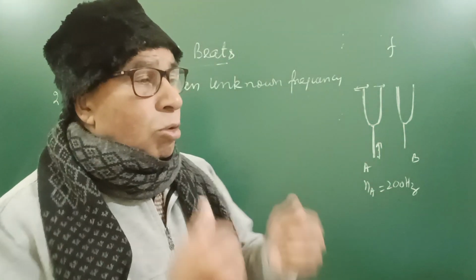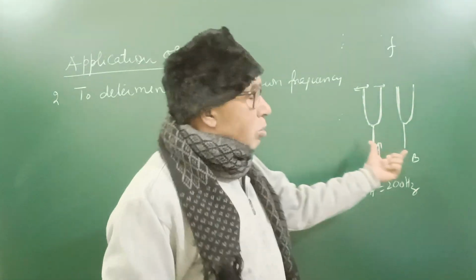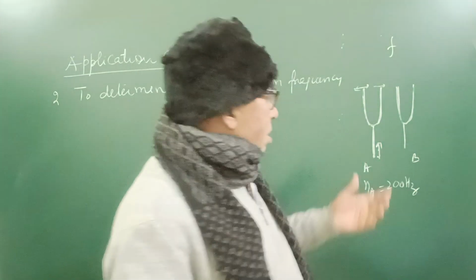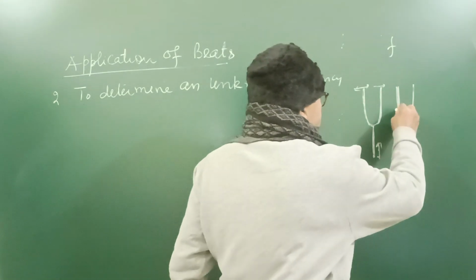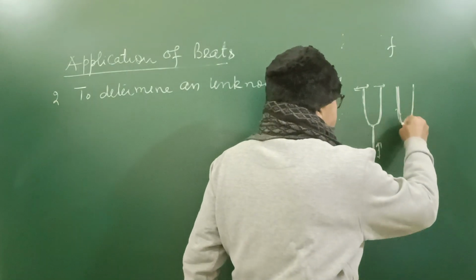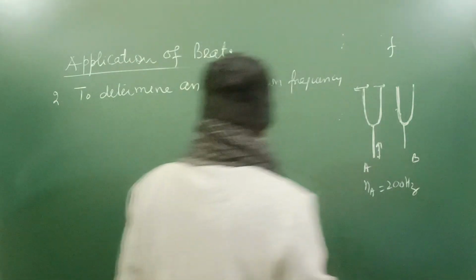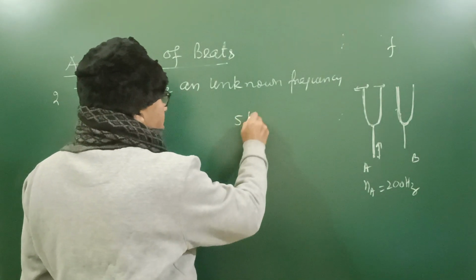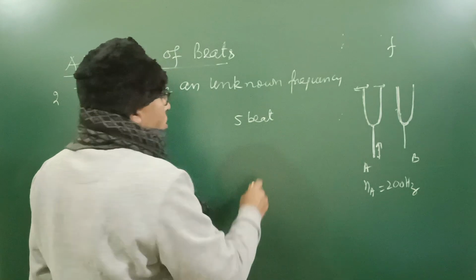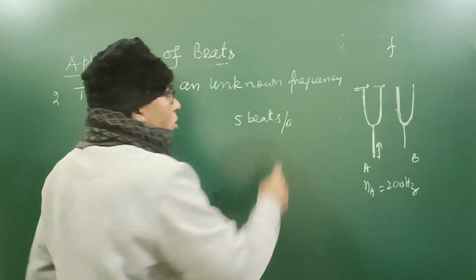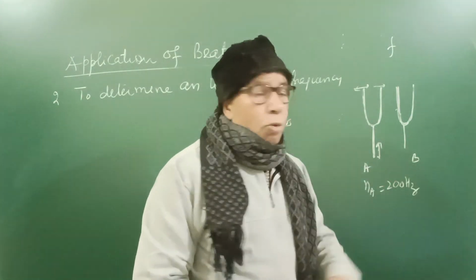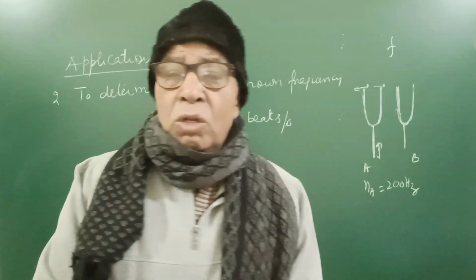We strike them on a rubber pad and put them somewhere. Then they are vibrating together, and suppose we get 5 beats per second on sounding tuning forks A and B together.